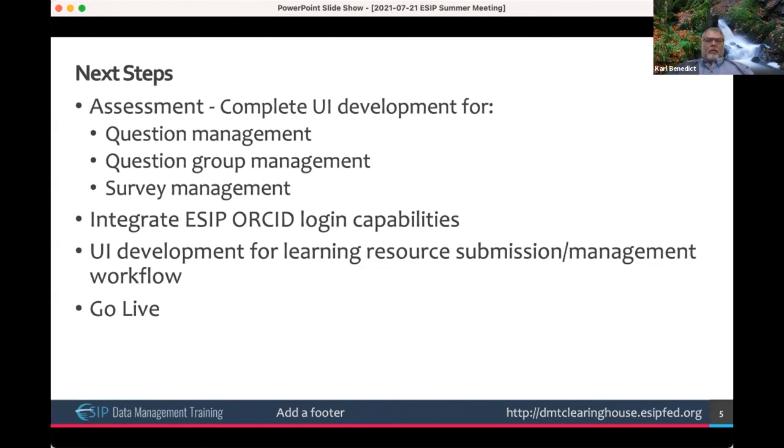We have all of the back end largely in place for that. It's just a matter of building the user interfaces, and then ultimately going live with the Clearinghouse. So this is where we're headed, and that's going to be our task in the coming months as we get an initial release out there, get some additional feedback on it, and hopefully have one more chance at a light refinement before the end of our funding cycle from IMLS.